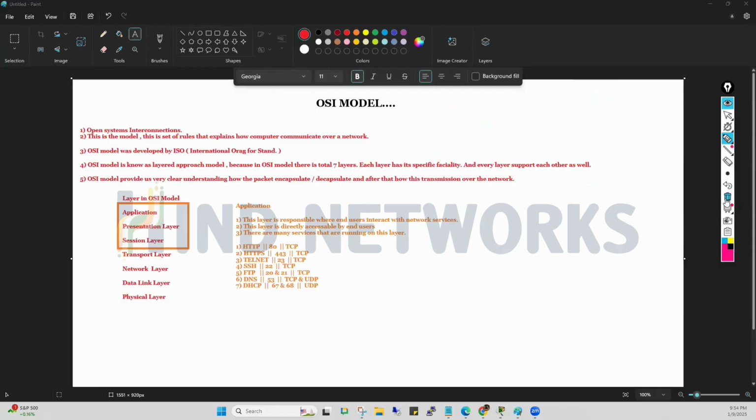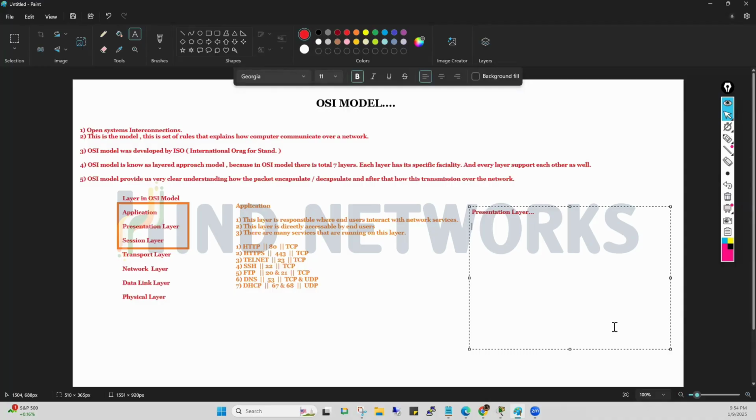Very good. Now, guys, come to the next layer, that is called the presentation layer. At the presentation layer, we need to understand some points.